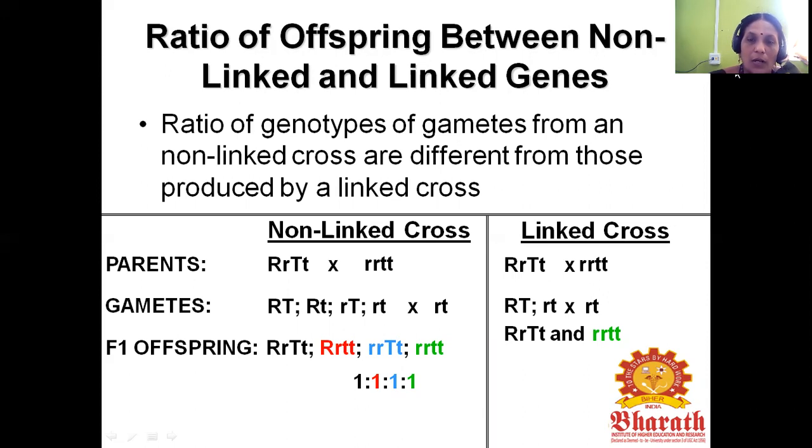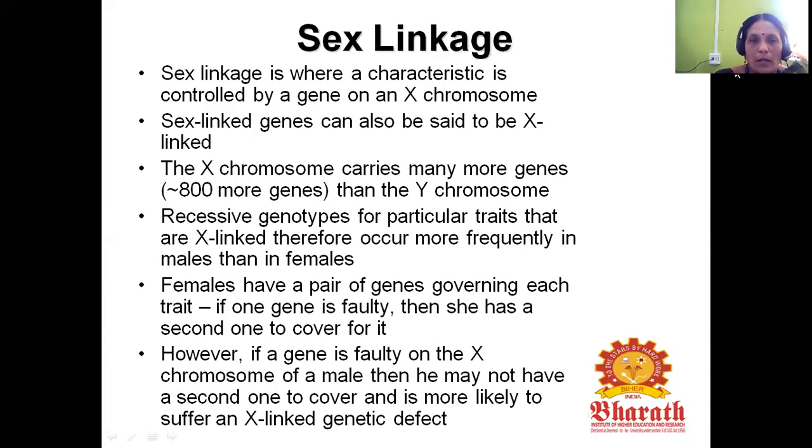If there is a linked cross, with capital R, capital T, small t crossed with small t, you get a 1:1 ratio.